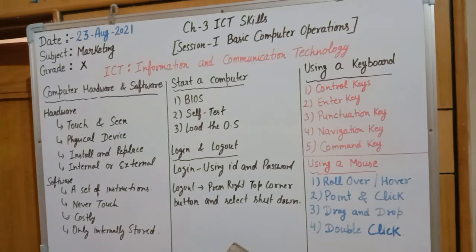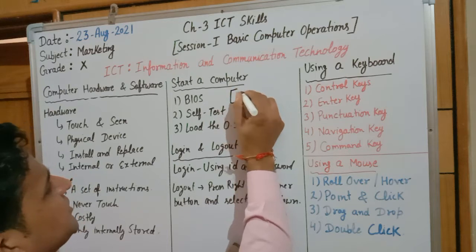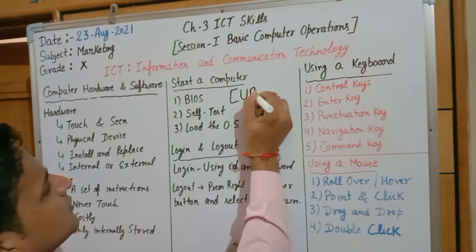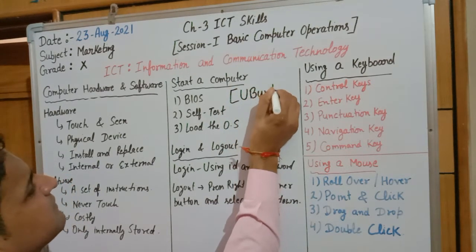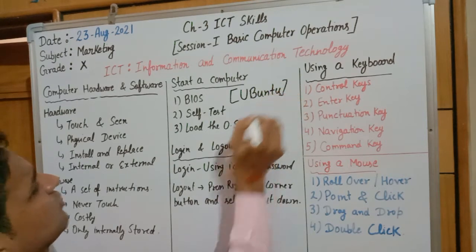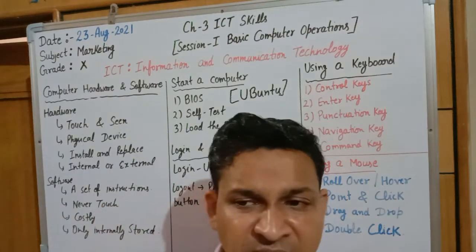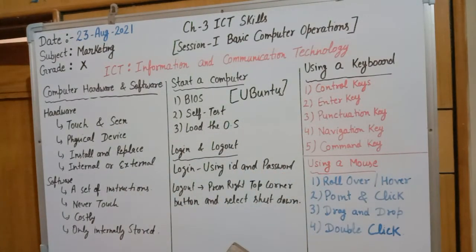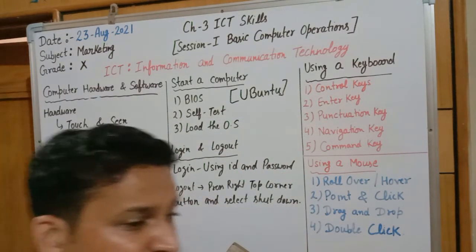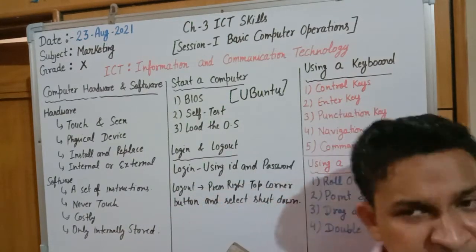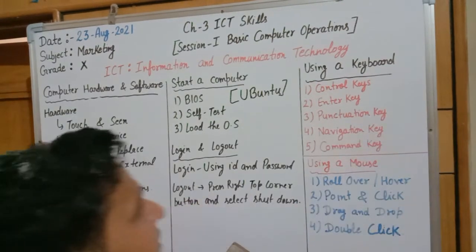Next is how to start a computer. In this session we are studying about the operating system, that is Ubuntu. Ubuntu is an operating system like Windows. How to start the Ubuntu operating system on a computer? It means how to start a computer. For starting a computer system, a user will just do the general process. A user will press the power on button.